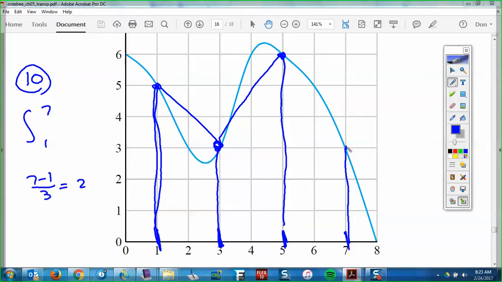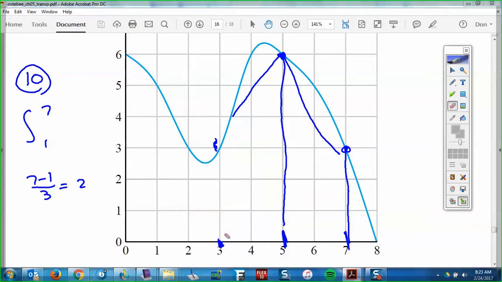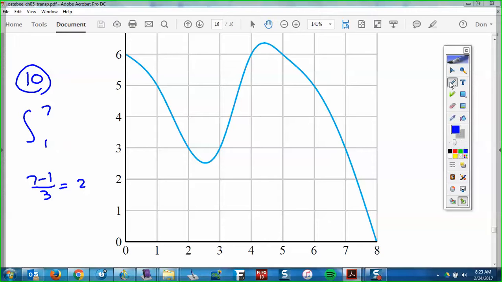Left edge here, right edge here, connect it. There's your 3 trapezoids. What I often do, if I don't have to graph them, I still draw my x-axis, I still look at my x-axis so I see what I got.